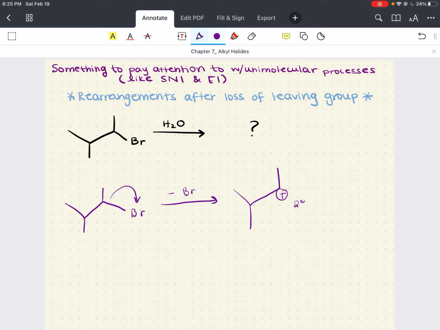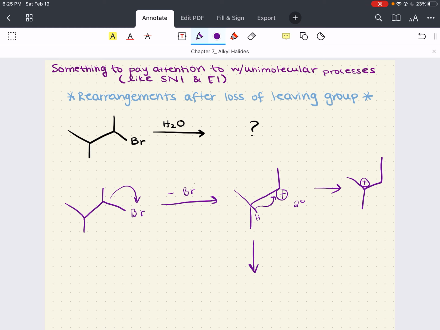Can we have a hydride shift or a methyl shift that will result in a tertiary carbocation? The answer to that is yes. This hydrogen right here can shift over, and then what you get is a tertiary carbocation right here. Fantastic.